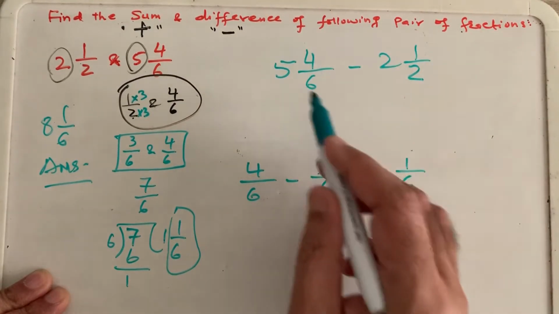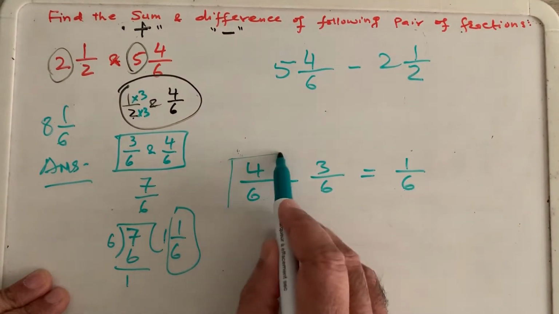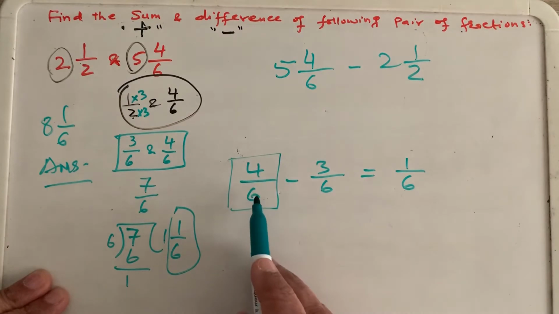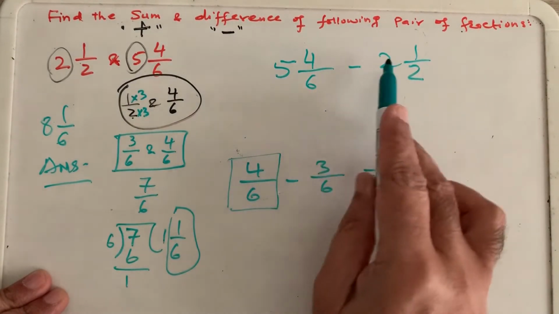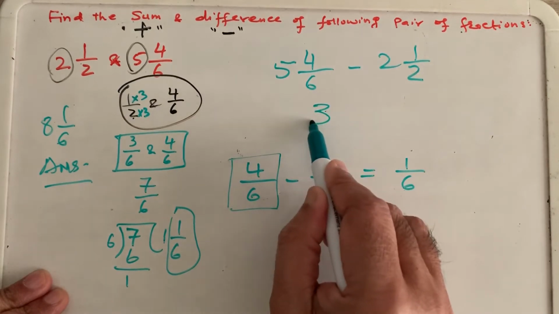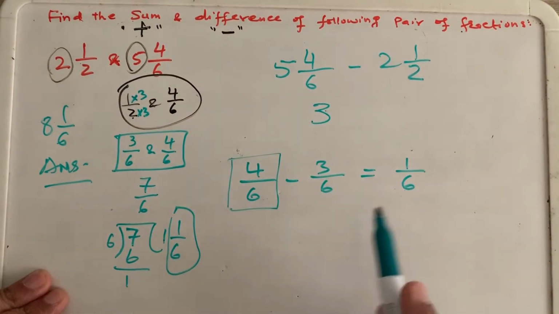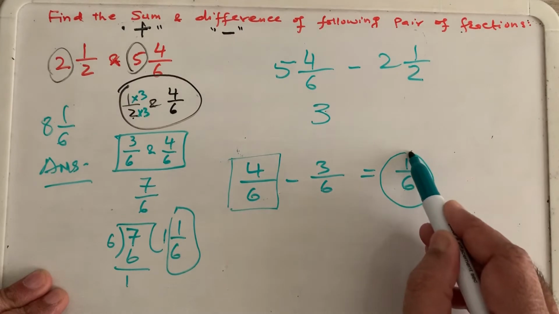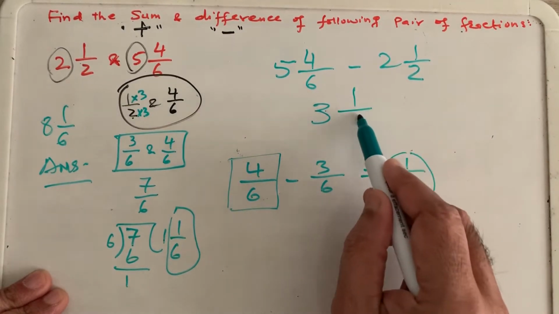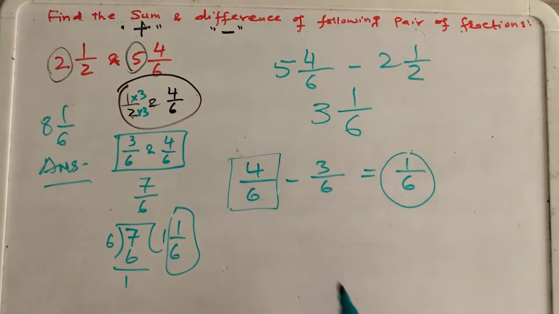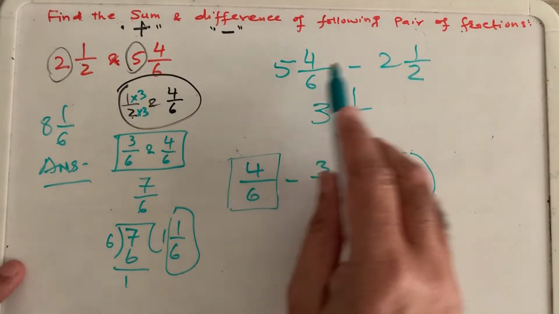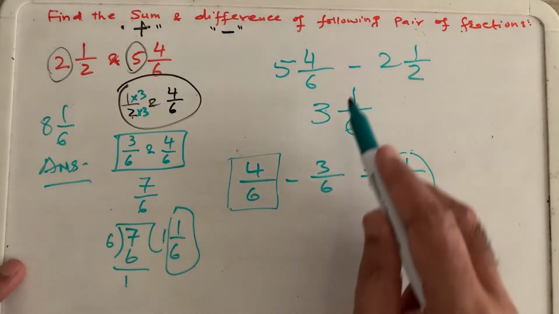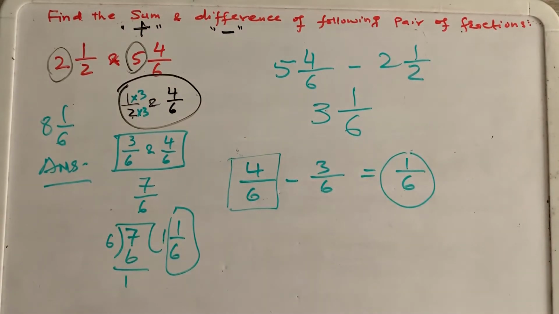When we see that this is 4/6 and this is 3/6, the subtraction gives 5 minus 2, so the whole number is 3. 5 minus 2 is 3, right? The fraction part is 1/6. So 3 and 1/6 is your answer.